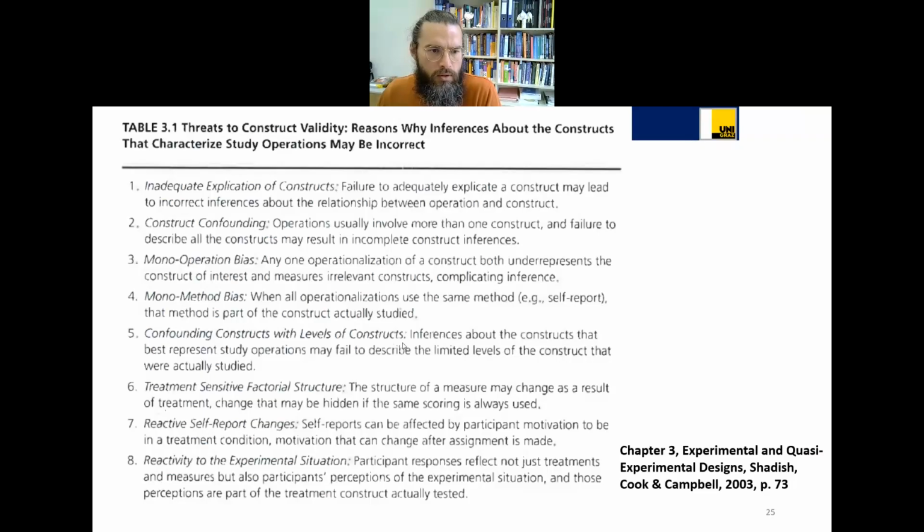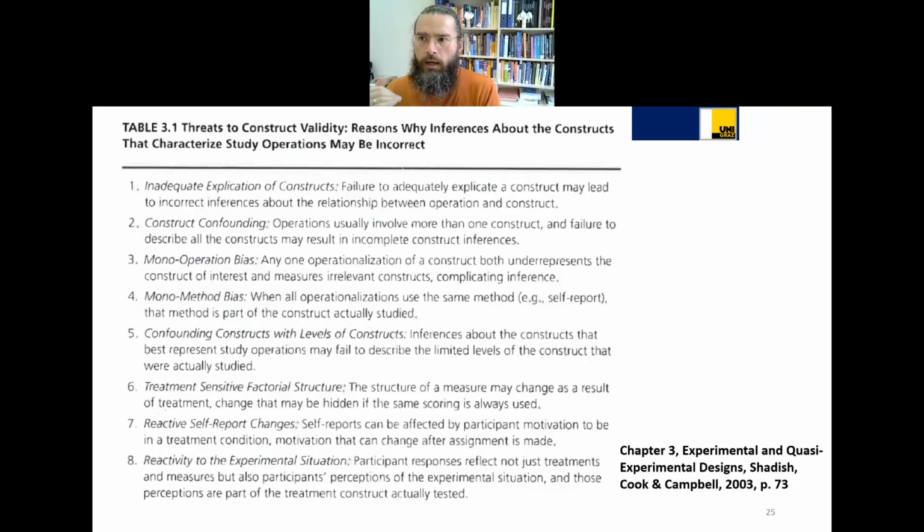Confounding constructs with levels of constructs. Inferences about constructs best represent study operations, but may fail to describe the limited levels of the construct that were actually studied. So when you want to make claims about, let's say, creativity and intelligence, if the association between creativity and intelligence depends on the levels of intelligence, then if you test only highly intelligent people, you may not be able to infer anything about this association among less intelligent people.